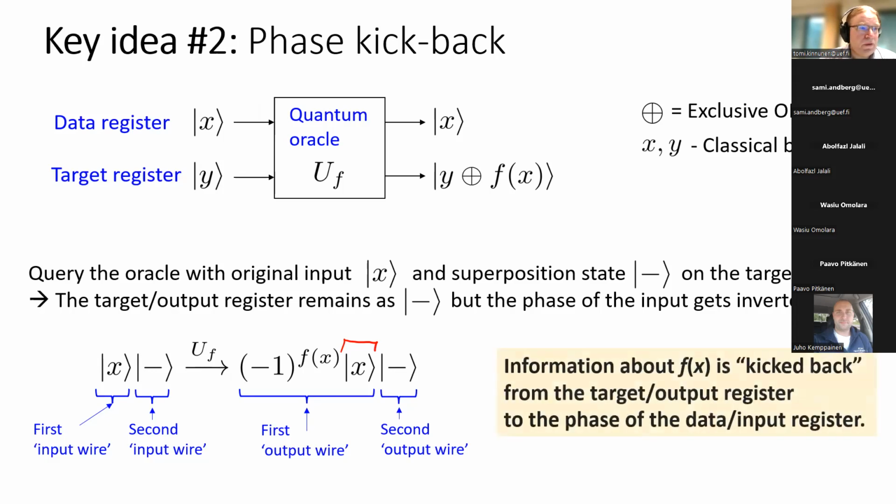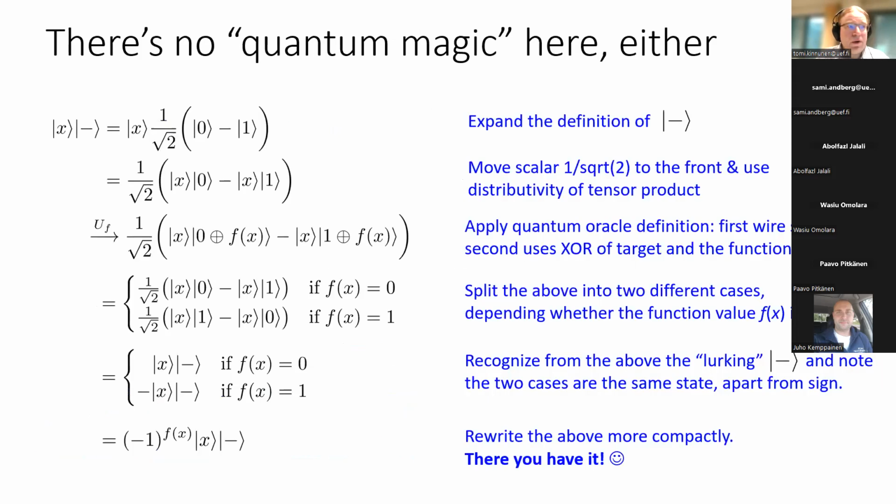Again, if you are not convinced, this is just a summary with some details that I added there. If it was not so clear last time what we did, I will not go through the explanation again, but this is just to clarify how the phase kickback works, and it's again just raw computation, nothing else, no quantum magic.